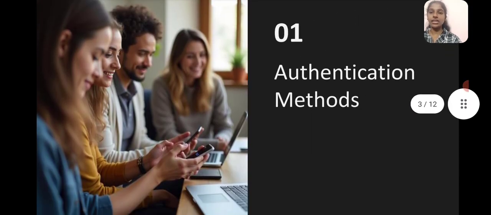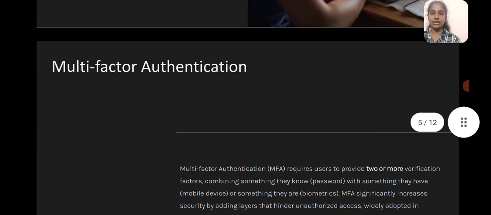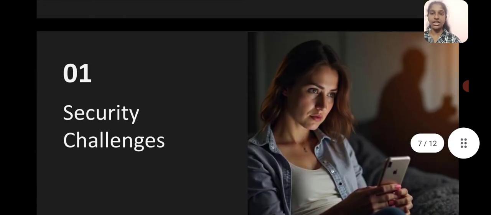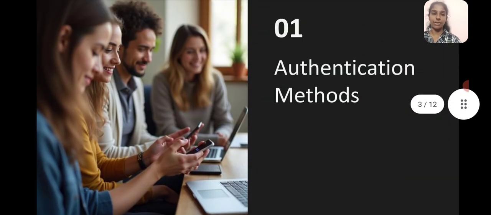There are many authentication methods, like password-based authentication, multi-factor authentication, and biometric authentication. These are the three types of authentication methods, so let us discuss them one by one.